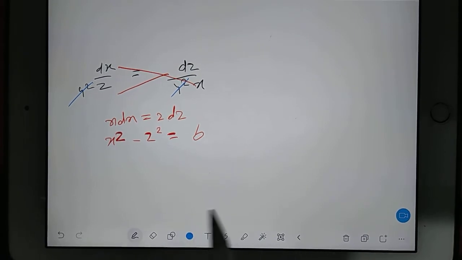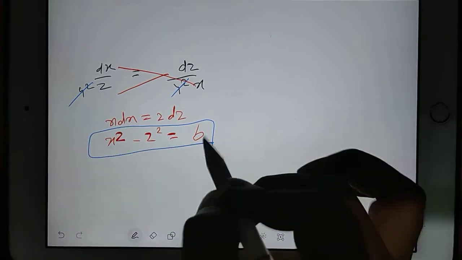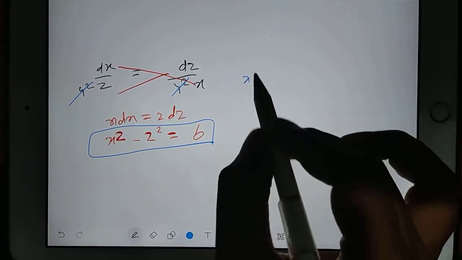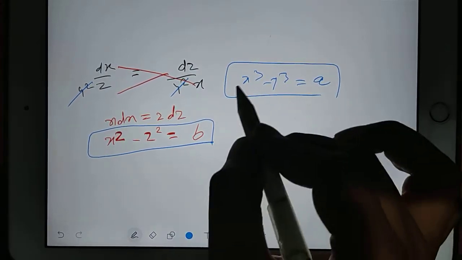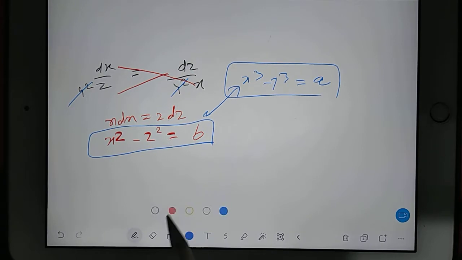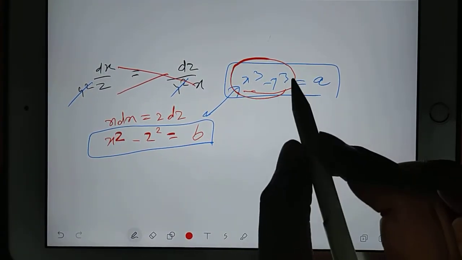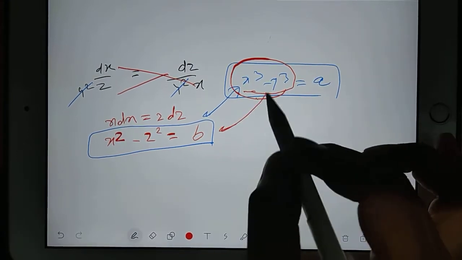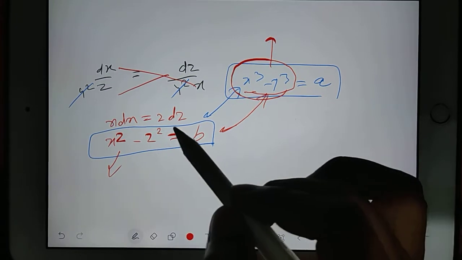Now you see, they both are coming from the same equation. This solution and the previous solution, x cube minus y cube is equal to some constant a, are coming from the same equation. So somehow you have to relate them, because this is also part of the equation, and this is also part of the equation.